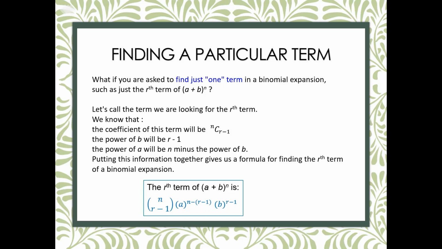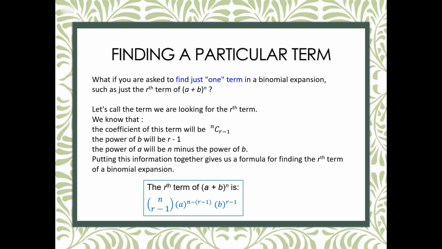For example, if you need to find the rth term of the given function (a + b)^n, you need to know that the coefficient of this term will be nC(r-1), where the power of b is r minus 1 and the power of a is n minus the power of b.